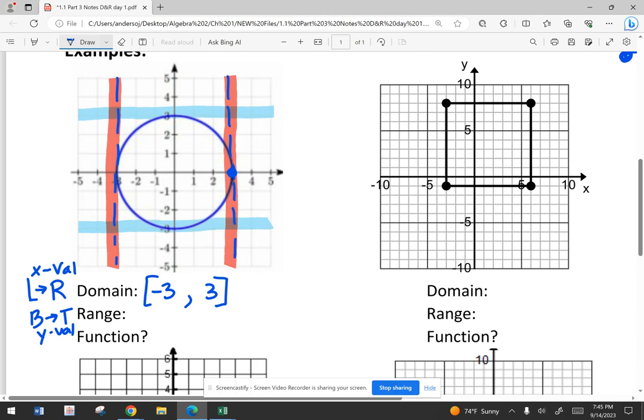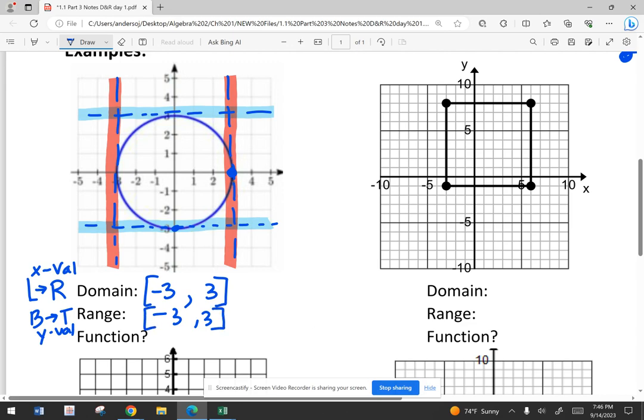The lowest at the bottom is -3 again, and the top is +3. Again, it doesn't have a solid dot, but it is right on that line of -3. And the same with this, it's right on the +3.